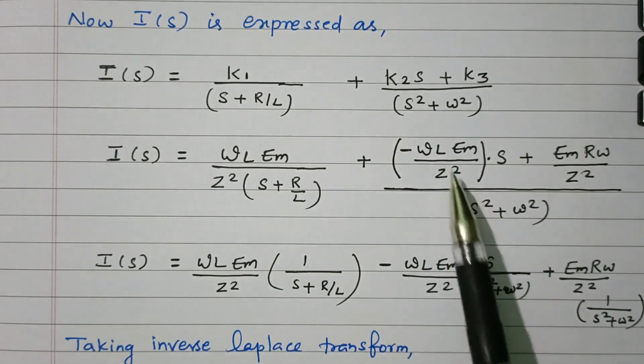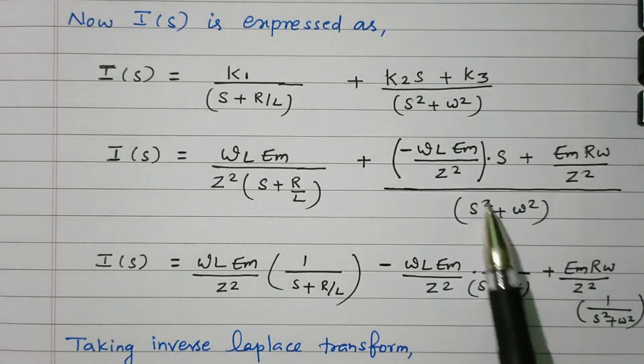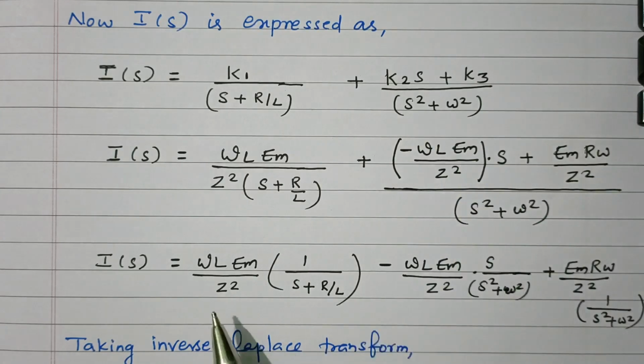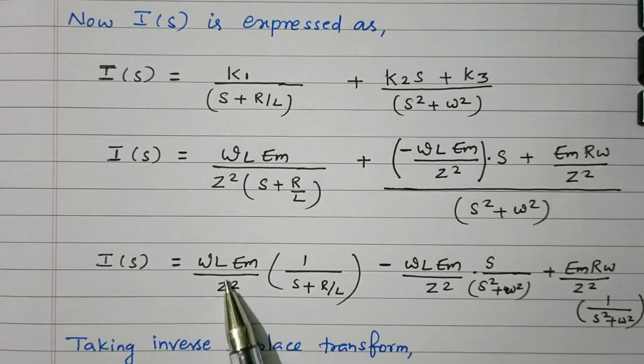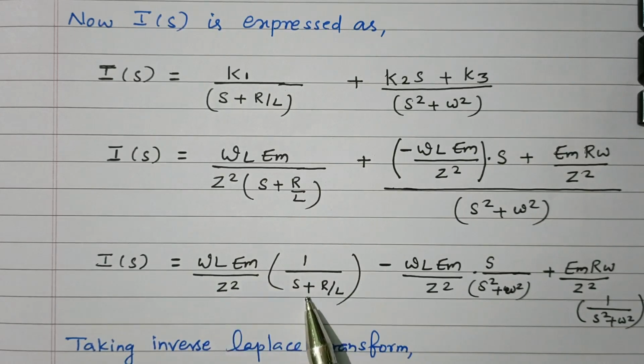Right. Now we split this into two different terms. Omega L Em by z square, these are all constant, and what we have is 1 divided by s plus r by L. So this is the standard form, then only we can take the inverse Laplace of 1 divided by s plus a.